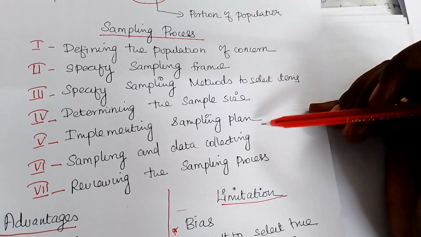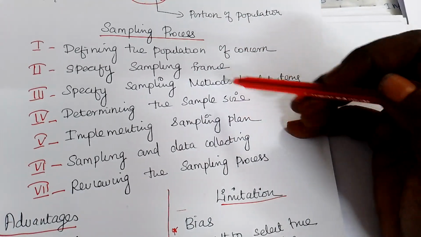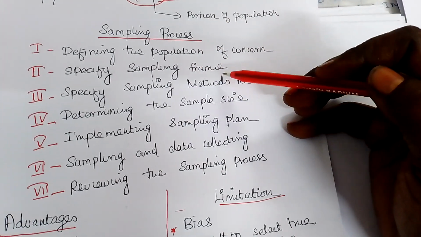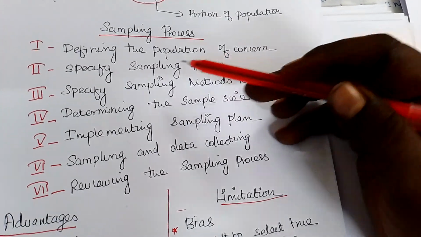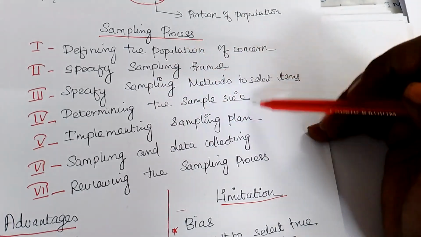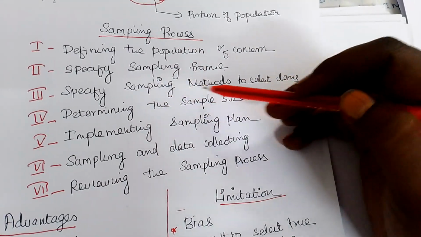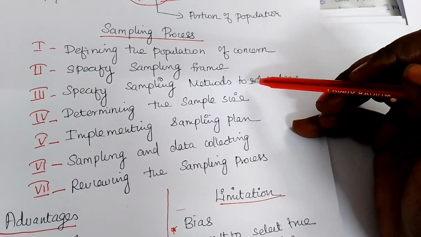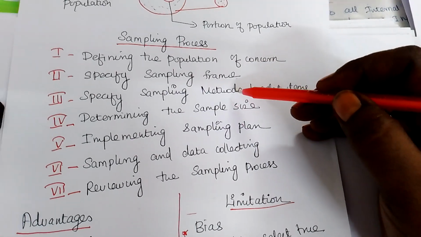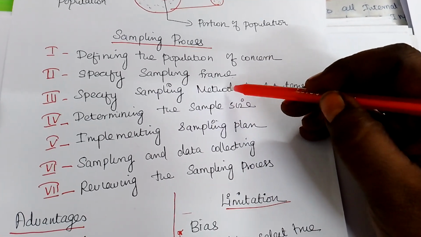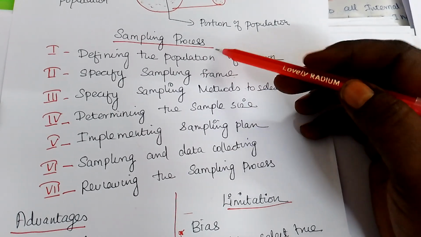What is the sampling frame? How am I going to select it, in a random method? Then, from that sampling frame, you select the specific sampling method. Understand? I will discuss sampling methods separately. First, you understand the process.